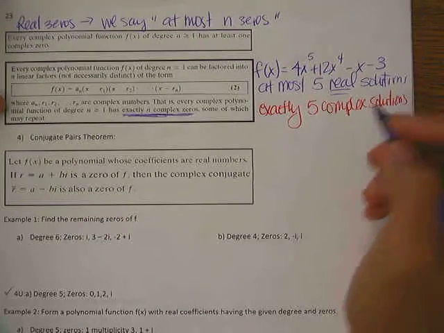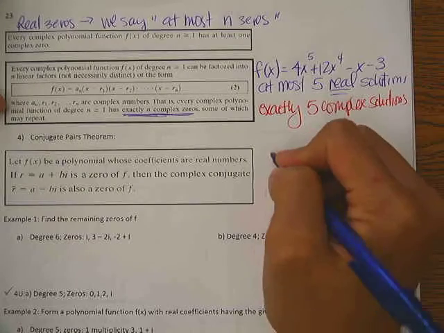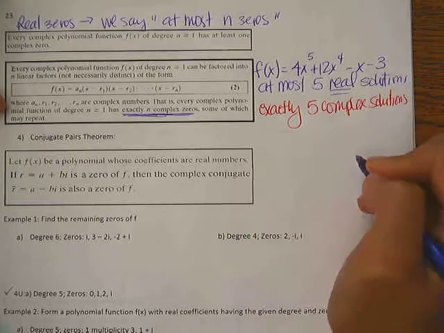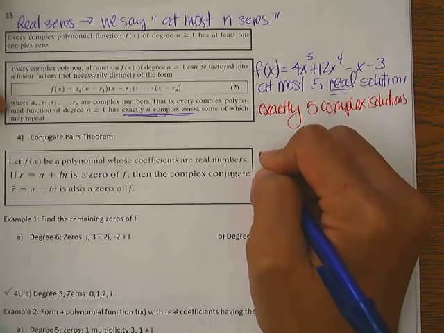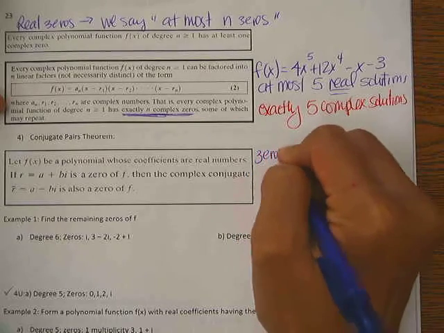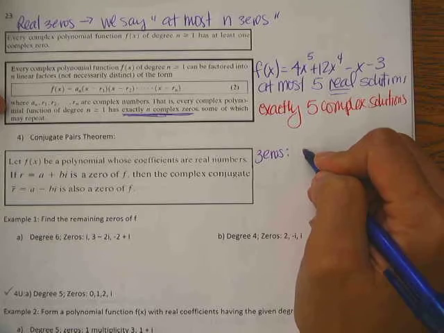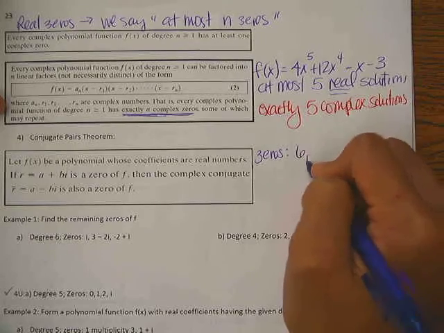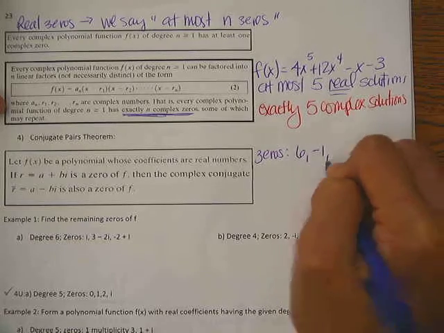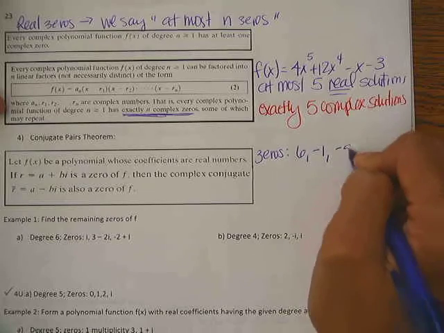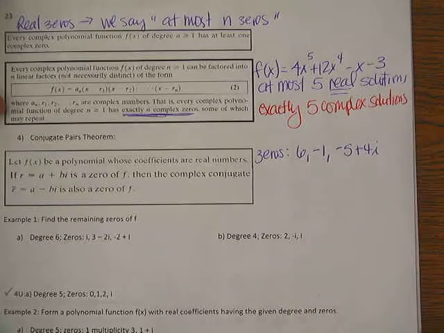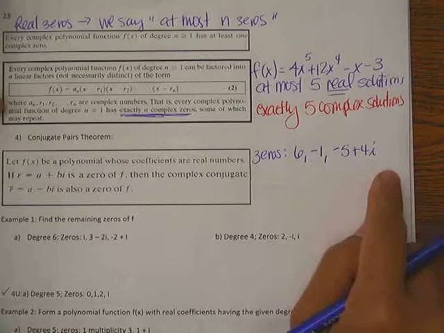Let's say I'm giving you some random f of x, and I said the zeros are 6, -1, and -5 plus 4i. These are my zeros.